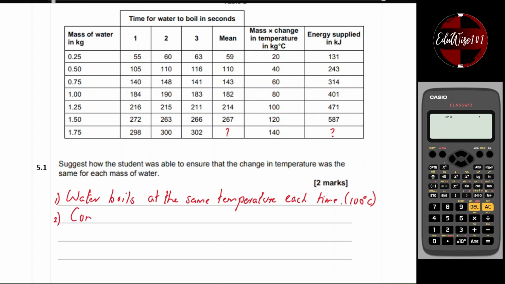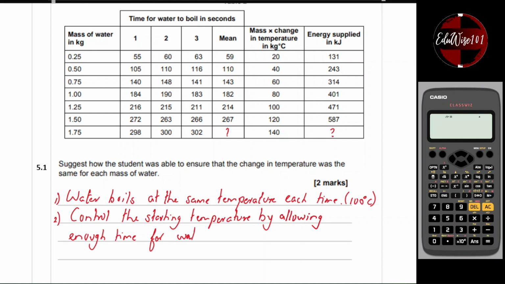You control the starting temperature by allowing enough time for water and kettle to reach room temperature.